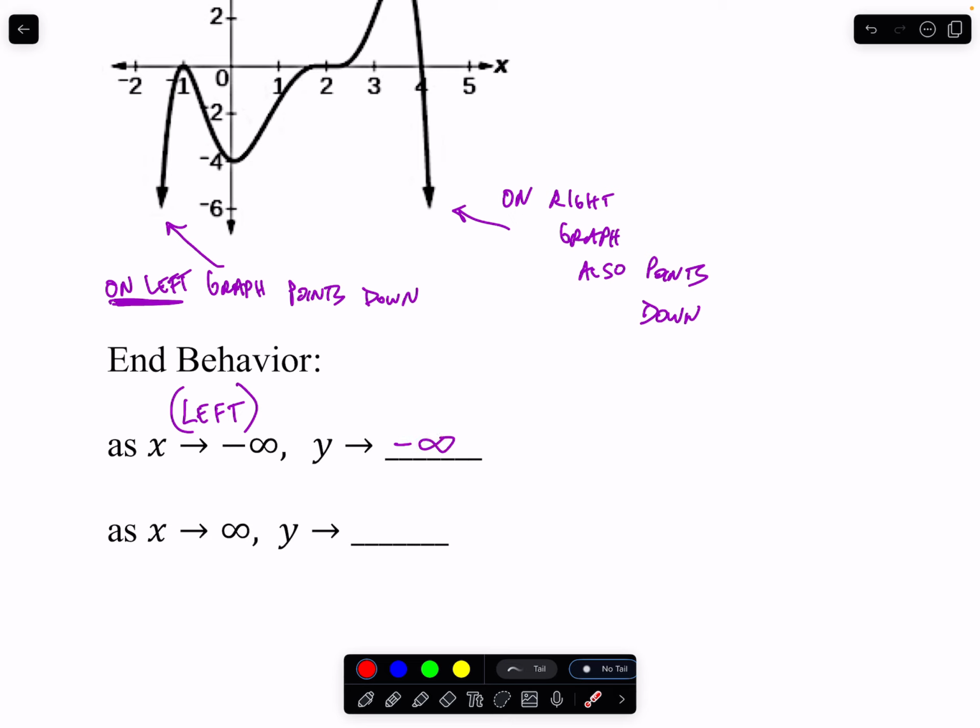Y negative means goes down. So that's how we would say points down. Y goes to negative infinity. This is as x goes to positive infinity, so that's on the right side. This is what we said over here. On the right, we could see the graph also points down, right? So if it points down again, that means y must go negative.